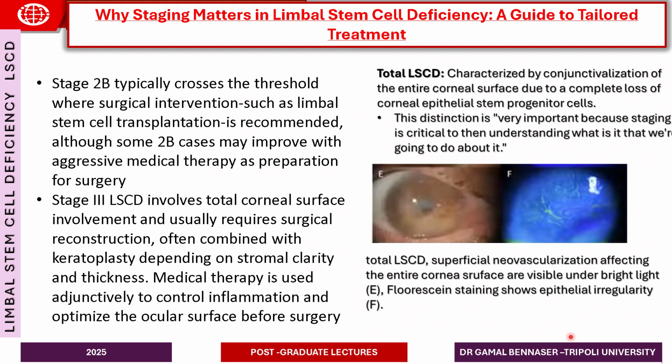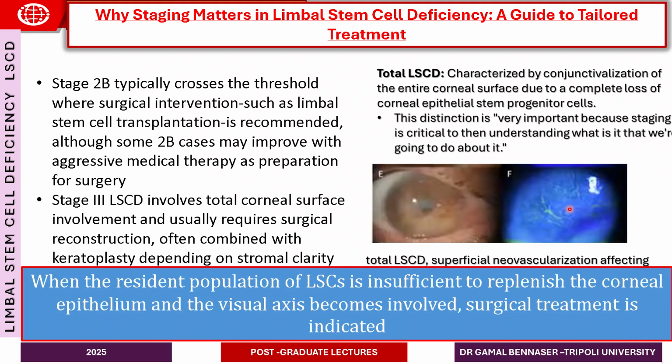So this is an example of a total limbal stem cell disease characterized by total conjunctivalization of the entire cornea, with complete loss of the corneal epithelial stem cells. As you can see, there is total residual fluorescein staining of the epithelium, because this is an abnormal conjunctival epithelium.